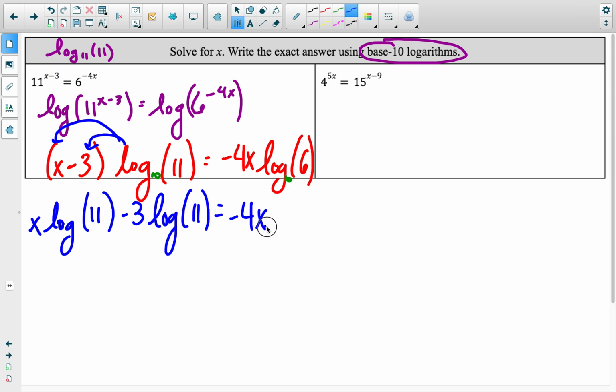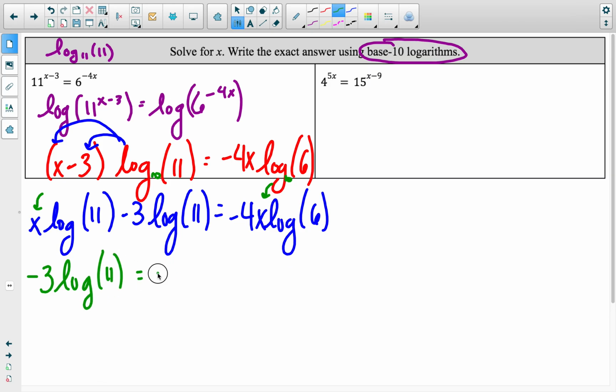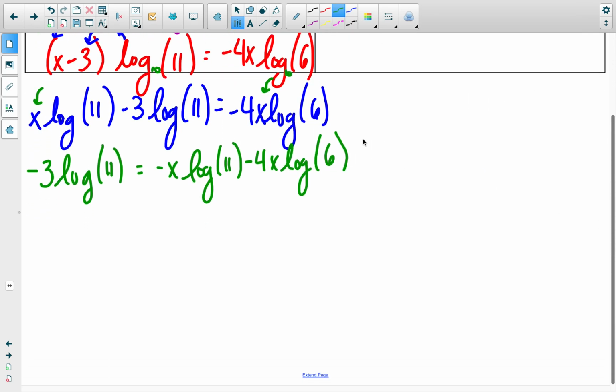And then now we see we have an x here, and then we have an x on the other side. So let's get our x's on one side of the equation. Let's subtract x log 11 from both sides.